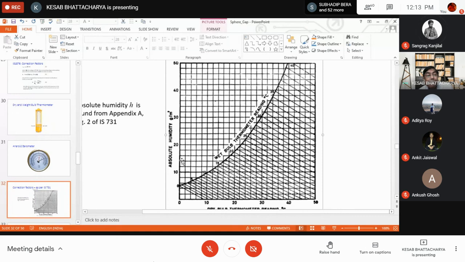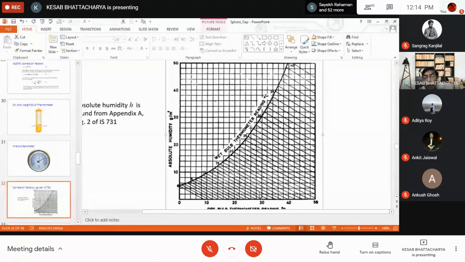Yes, sir. But sir, we will get two values of H. No. Once again, I repeat. You will read one dry bulb thermometer reading and one wet bulb thermometer reading. So you have to use both of them. As I said, if the wet bulb thermometer reading is, say, 20 and dry bulb thermometer reading is, say, 30, then what all you have to do?